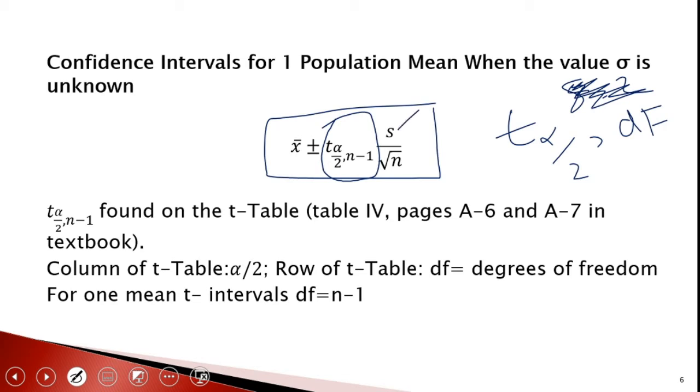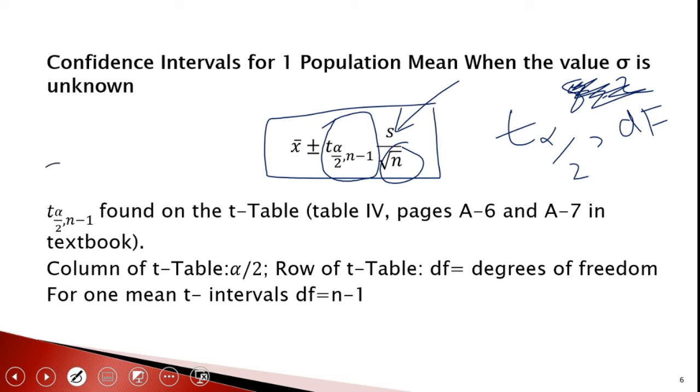This s you can calculate by using the given data. It is the standard deviation, so you know how to calculate that. In chapter 3 we did this, or chapter 6 we did this. This is the square root of n, which means the sample size.